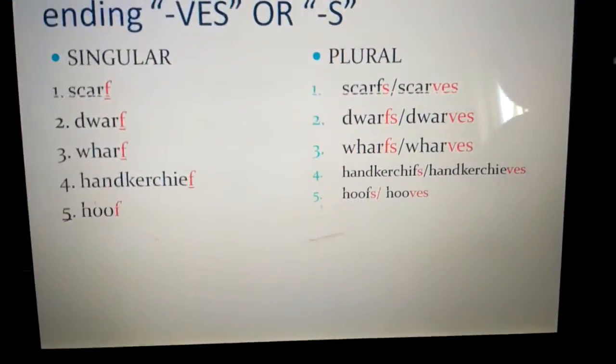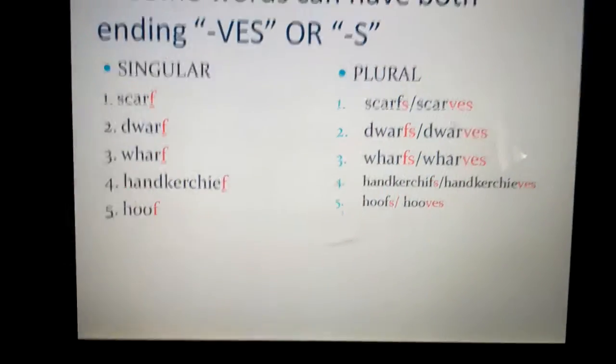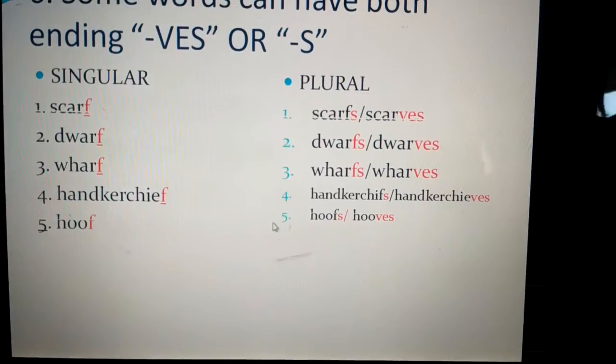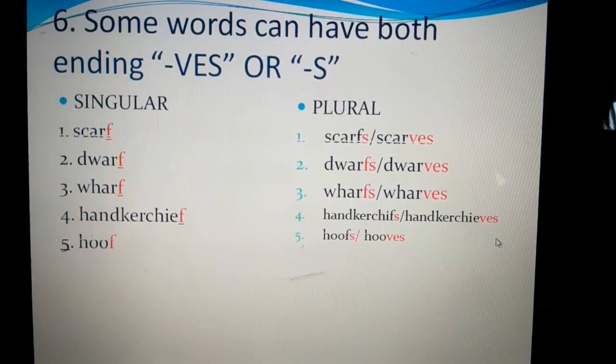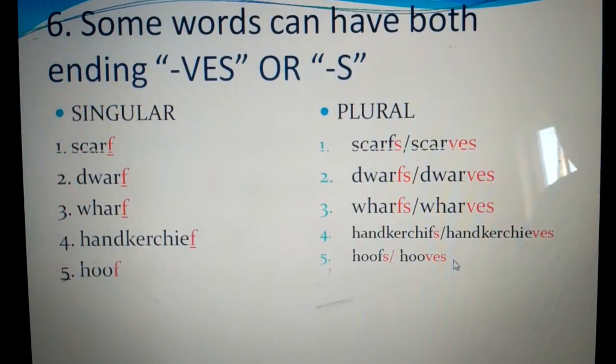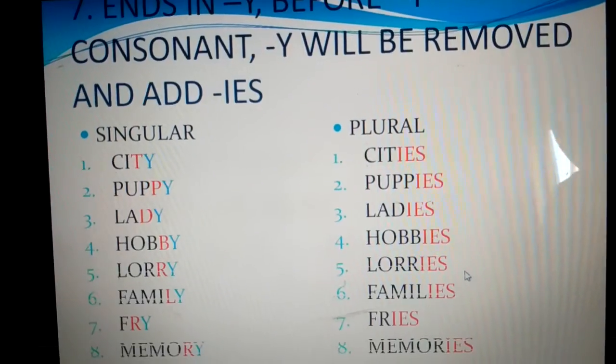So here also dwarf, dwarves. Then handkerchief, handkerchiefs, s and ves both, and hoofs and hooves both will be correct.